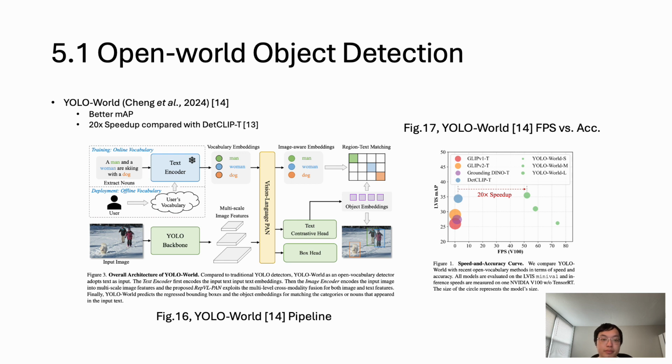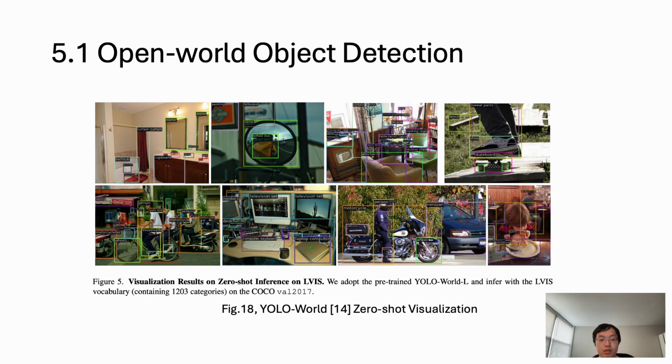As illustrated in the paper, it has a 20 times speedup compared with the previous approach, but with better accuracy. In the examples of open world object detection, we can see there are many categories we didn't see in a common object detection dataset. We demonstrate a very nice and impressive zero-shot ability.